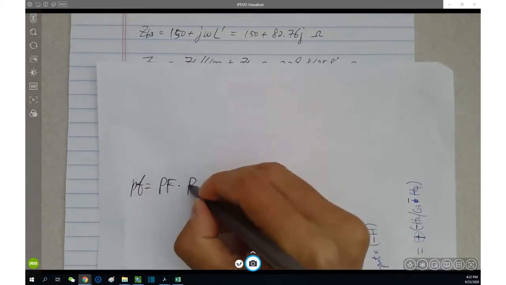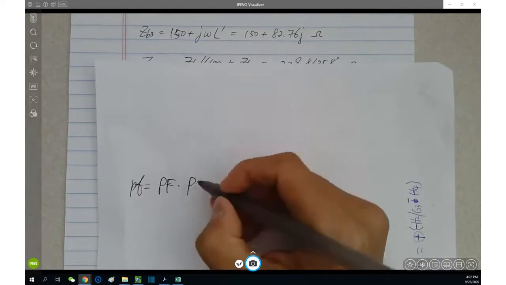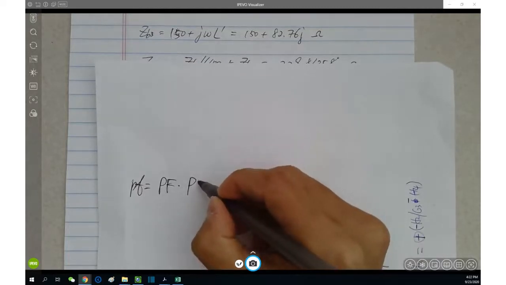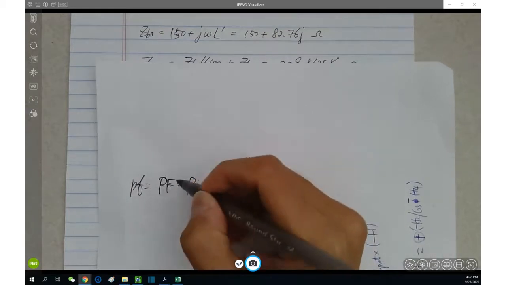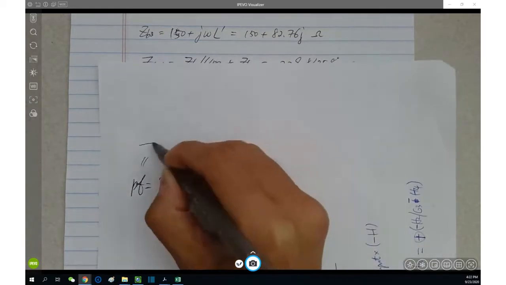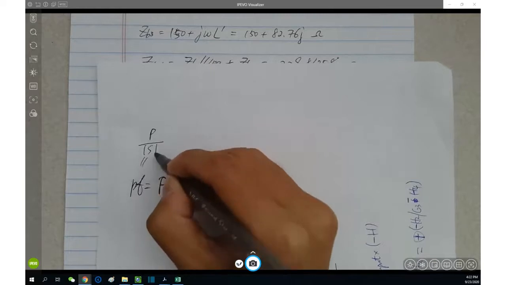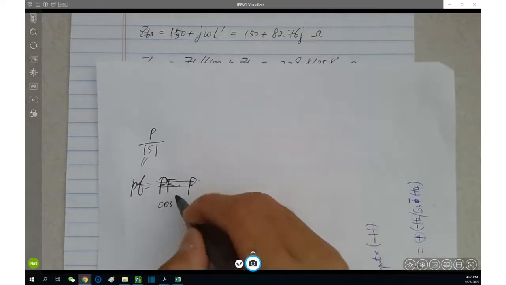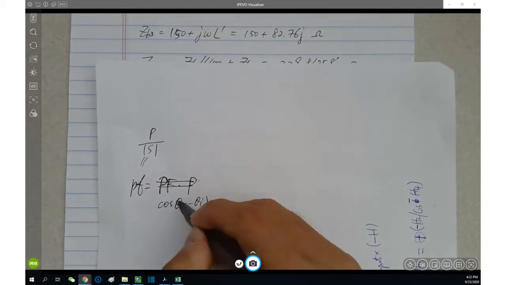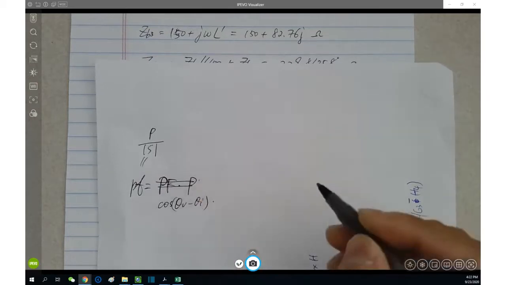It can also be the total real power over the magnitude of the complex power. Yes, it always equals active over apparent. No problem. However, it further equals what? Cosine theta v minus theta i. This is part of it. What else?